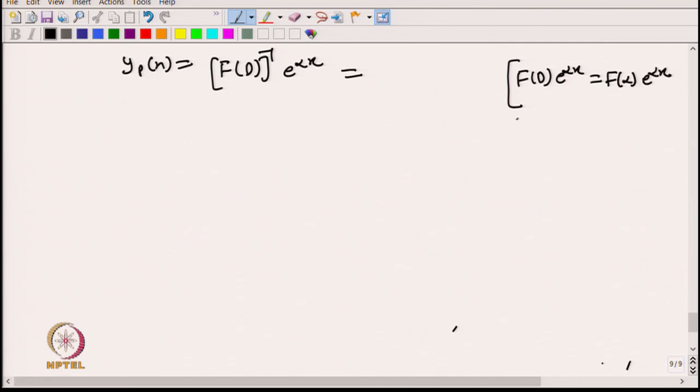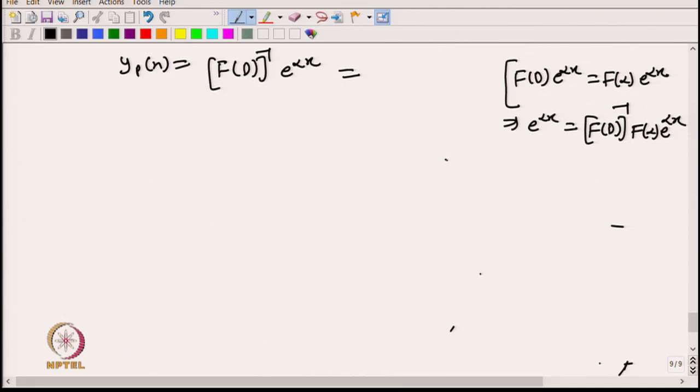So, taking the f of D inverse on both sides, I will get f of D inverse f of alpha e raised to power alpha x.